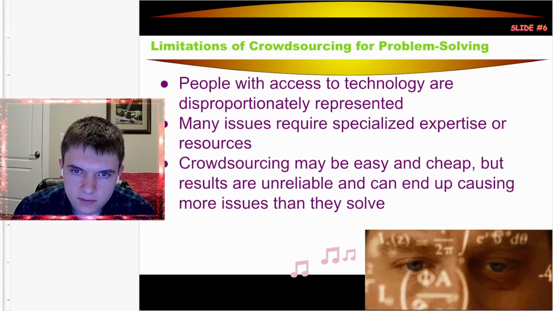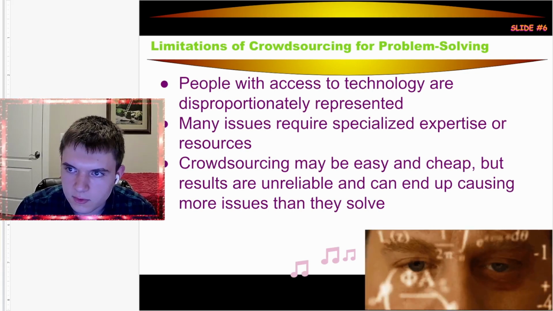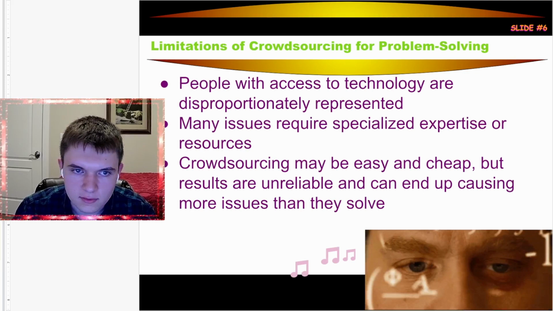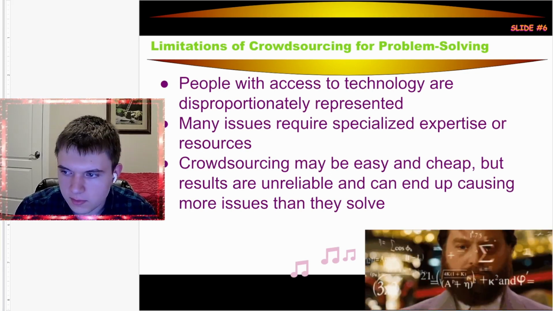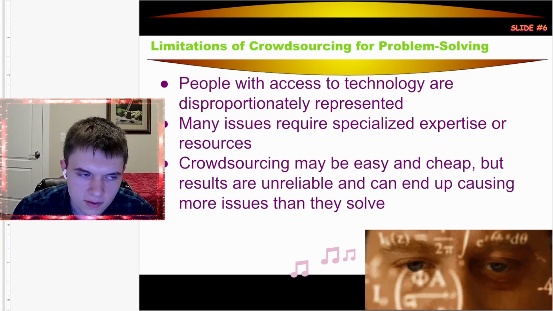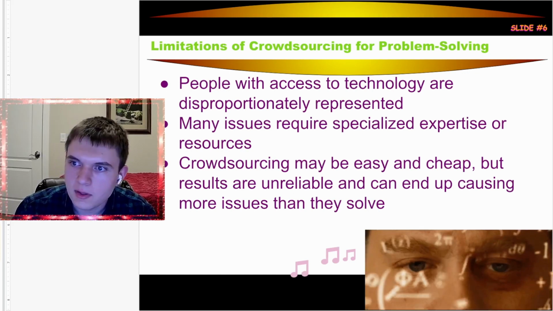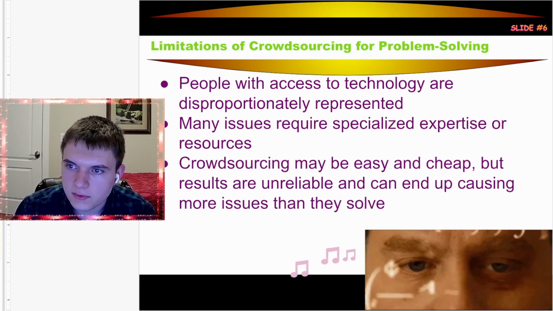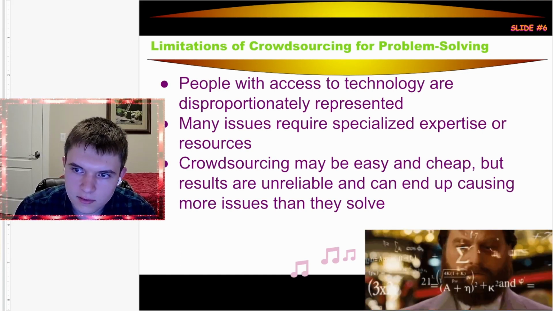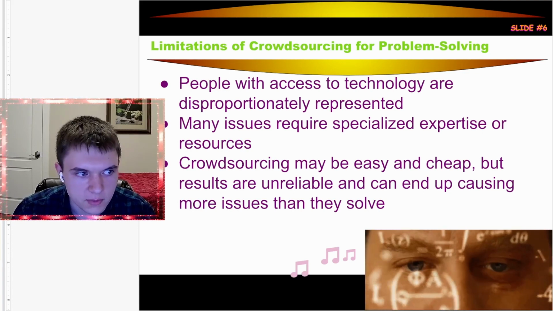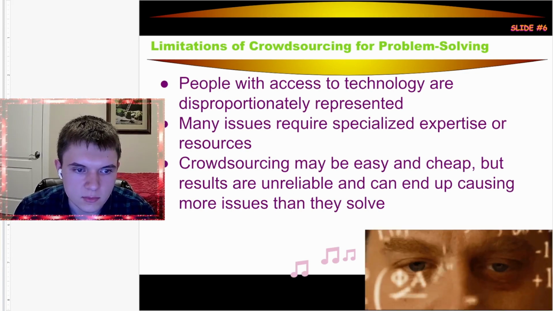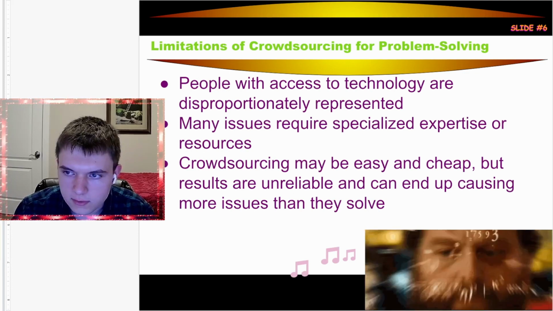Based on all these issues, you can see that crowdsourcing has some pretty big limitations, so it doesn't have a ton of problem-solving power. Another problem is that people with access to technology are the ones that are going to be able to participate in crowdsourcing, so you're not going to have any input from people who don't have access to technology.